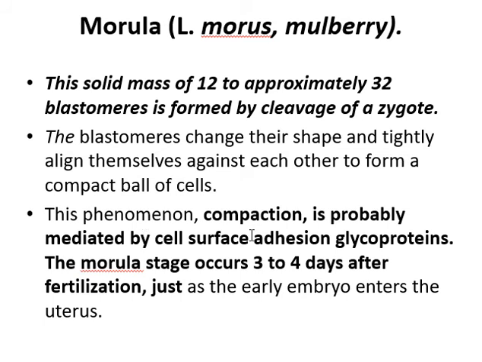The phenomenon of compaction is probably mediated by cell surface adhesion glycoproteins. The morula stage occurs 3 to 4 days after fertilization, just as the early embryo enters the uterus.